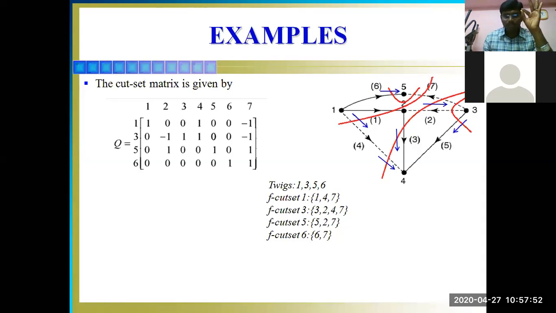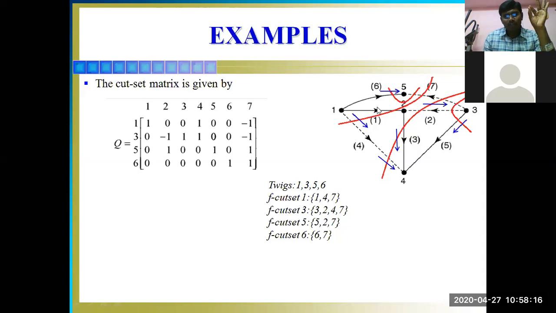Now come to the first cut set. In this cut set 1, the direction of the cut set is equal to the direction of this twig. It is away from node 1. You take this as the direction.